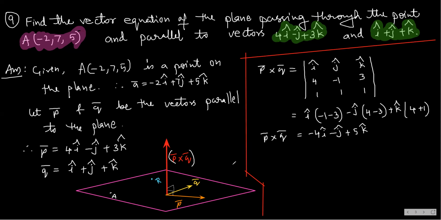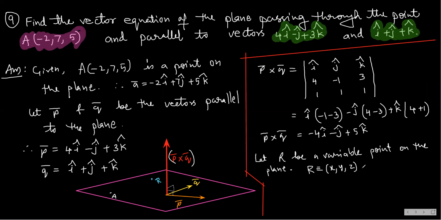Okay. I write now for point R: let R be a variable point on the plane. And what are the coordinates of a variable point? R is always x, y, z.